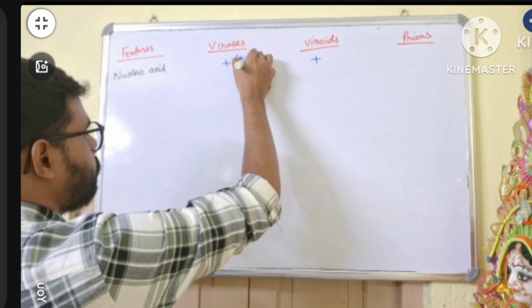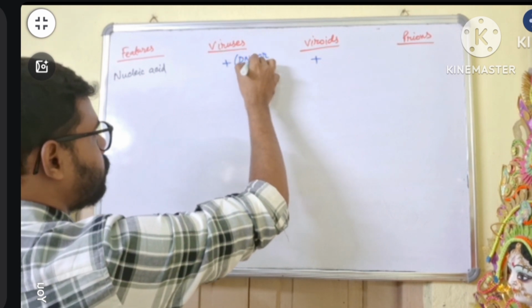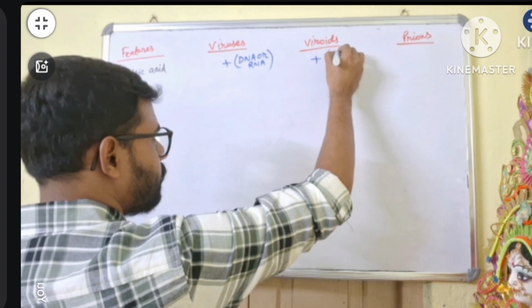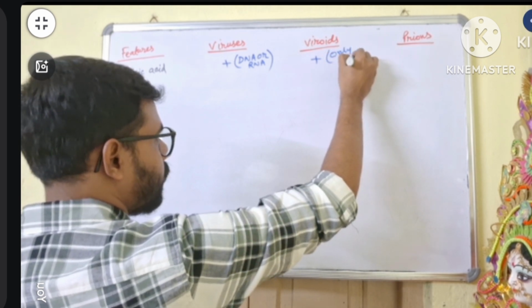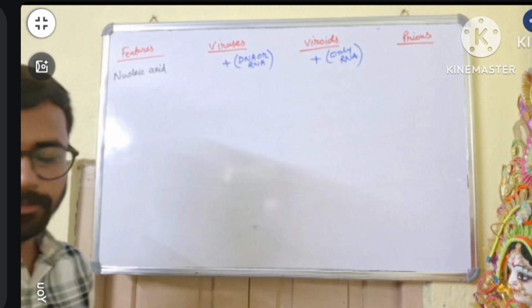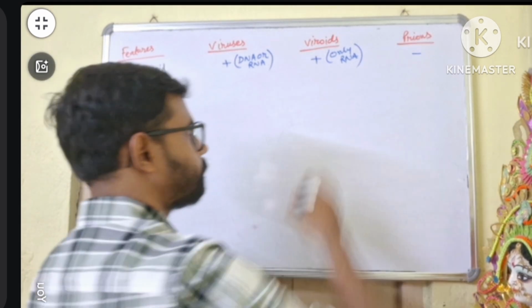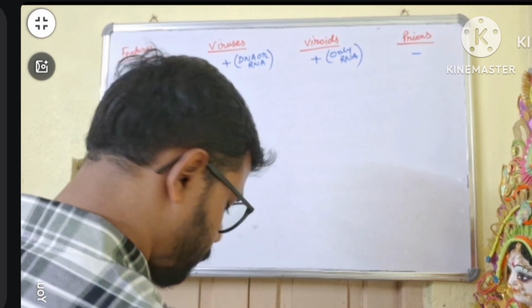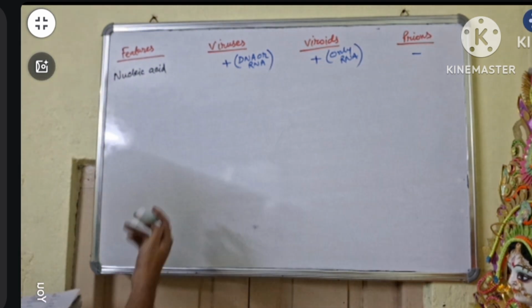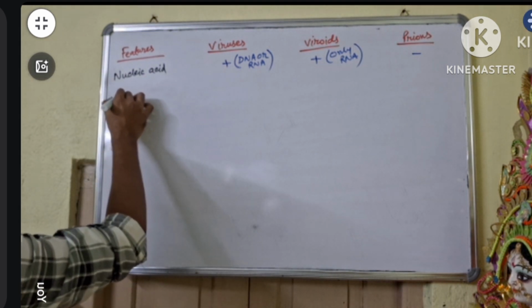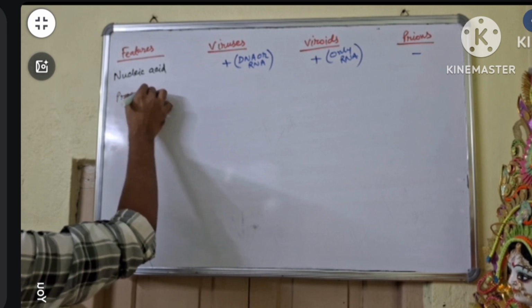Okay, here we had better mention DNA. Nucleic acid can be DNA or RNA, but viroids have only RNA. No DNA is there. Prions, nucleic acid absent. Feature number 2, presence of capsid or protein layer.